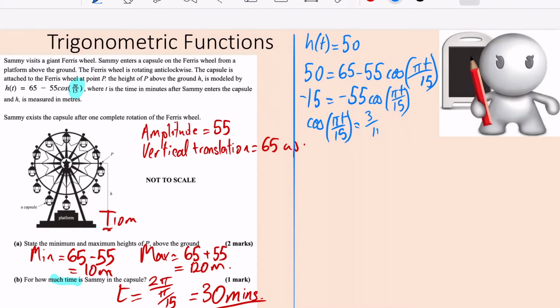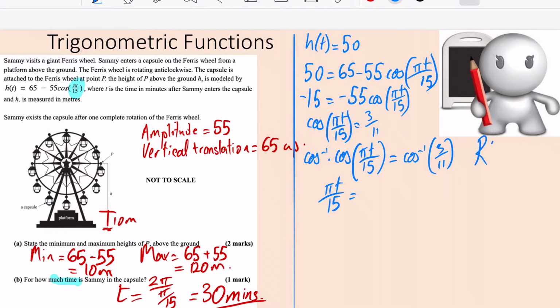Now I want to work out the value of t. So let's take the inverse cos of both sides, and we get pi t on 15 equals the inverse cos of 3 over 11. When you put that into your calculator, please make sure that your calculator is set in radians. This is not an exact value, so you'll need to use your calculator.